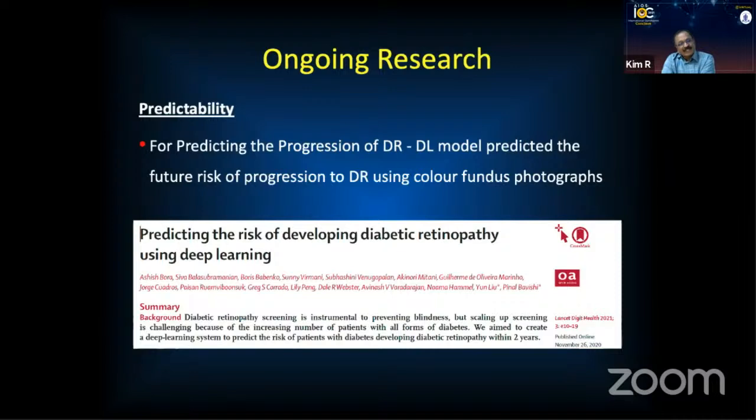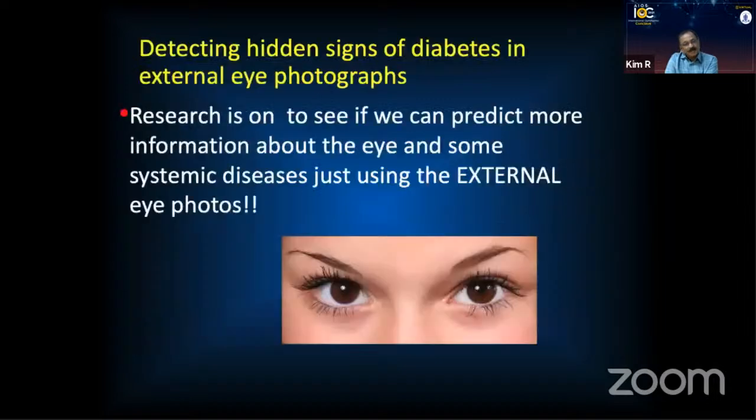It's surprising that there is a lot of research going on using AI, and one of these has been published by Google, where they are able to predict the progression of diabetic retinopathy in patients who do not have DR, just by taking their fundus photographs. Of course, this needs a lot of longitudinal data, but it looks like there is a possibility we'll be able to identify diabetic patients early on, even before they develop retinopathy.